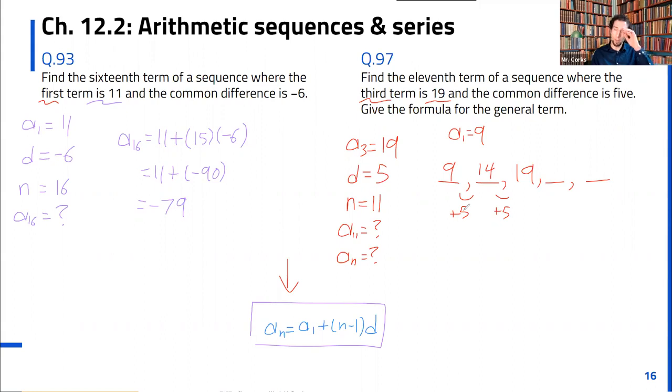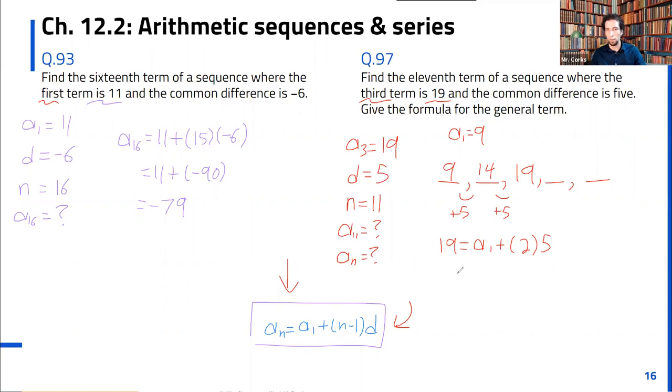Or we can just use this formula down here. We can use it twice. First for A3. So A3 is 19, therefore 19 is equal to mystery A1 plus (n minus 1), where n is 3 for A3. So 3 minus 1 gives us 2. And then we know our d value, that's 5.